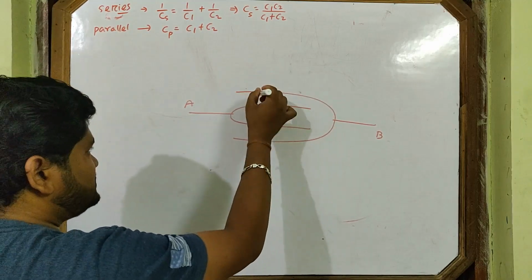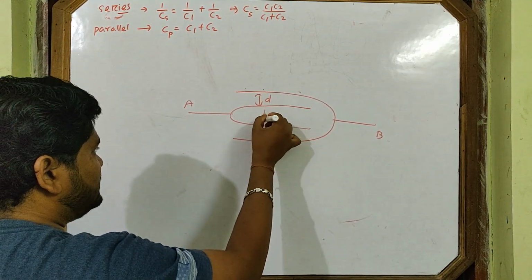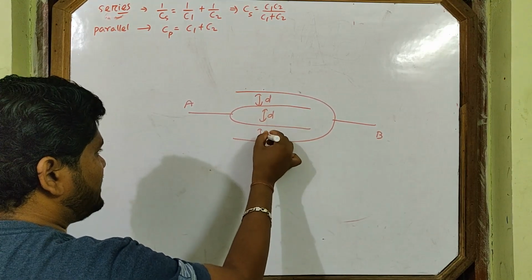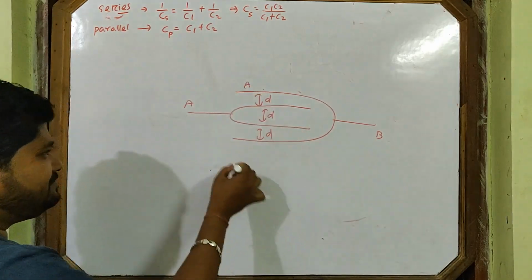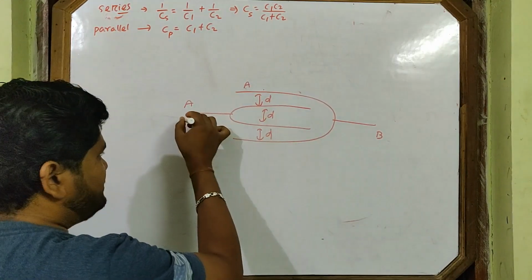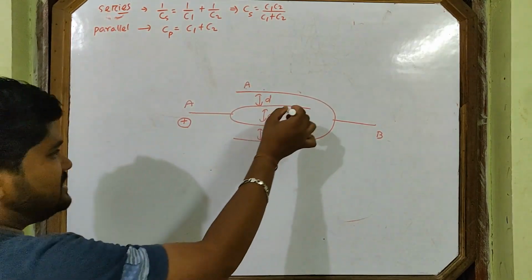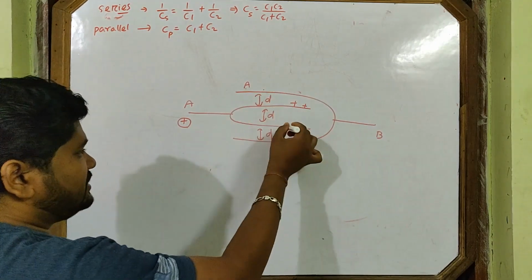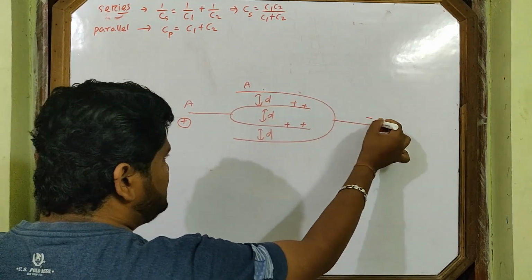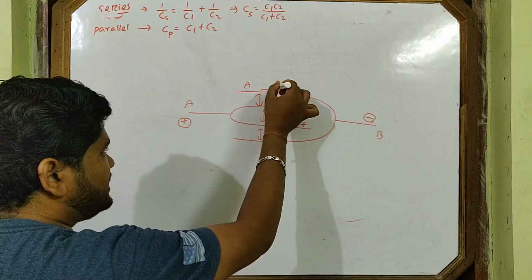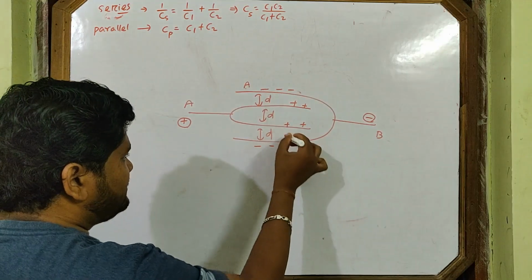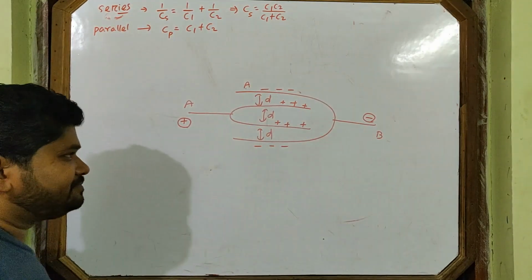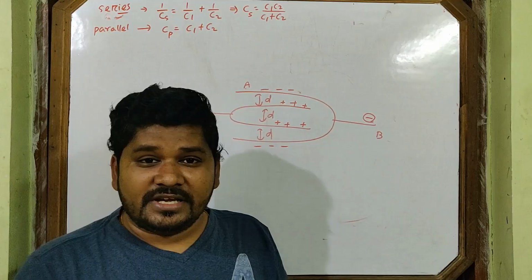Let's do positive first. Before that, D. Gaps are same. Plate area is A. If this plate is made positive, then this is positive. This is positive. If this plate is made negative, this is negative, negative. This is negative, negative, negative. Okay. So how many capacitors are here?